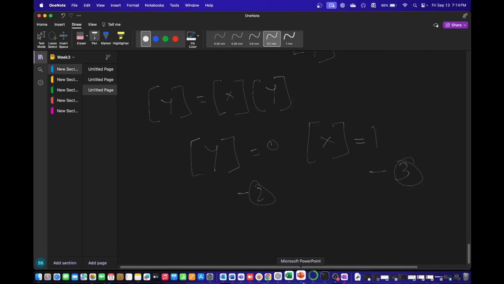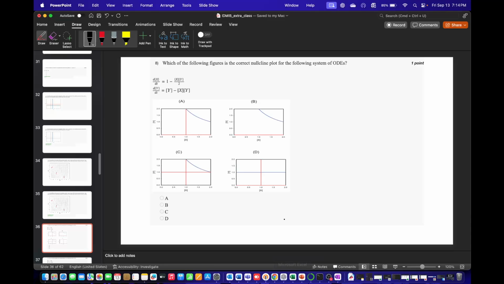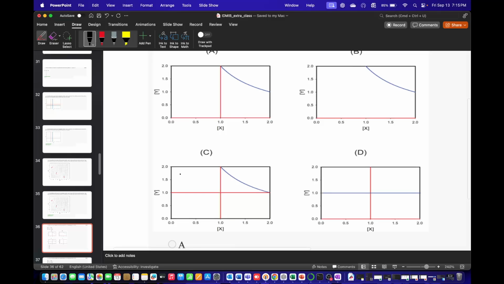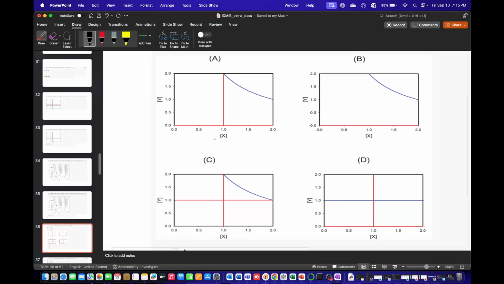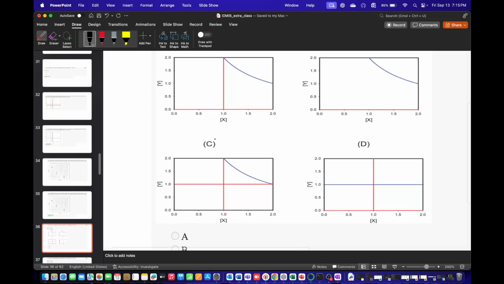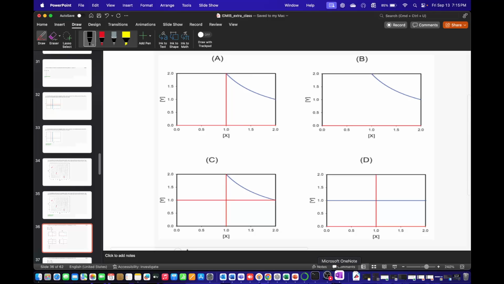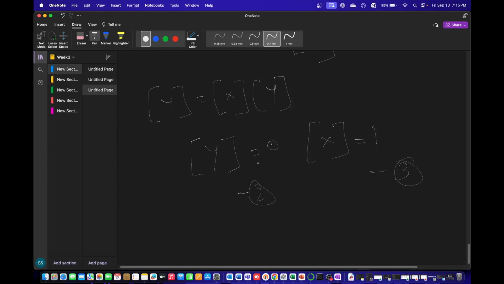So let's check the answers here. Okay, so C. C is the answer, I think. No, actually C is not the answer, because just look at the equations here. y equal to 0, which is the x-axis, right?